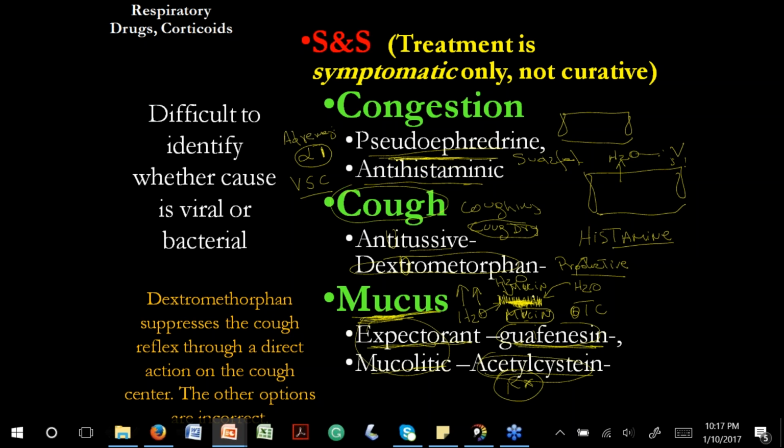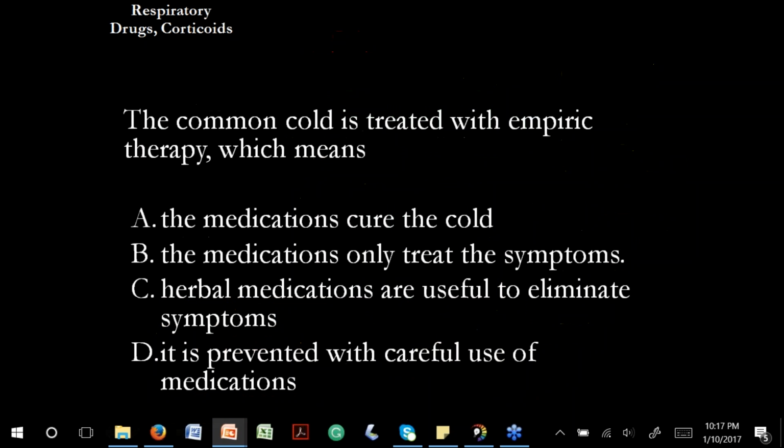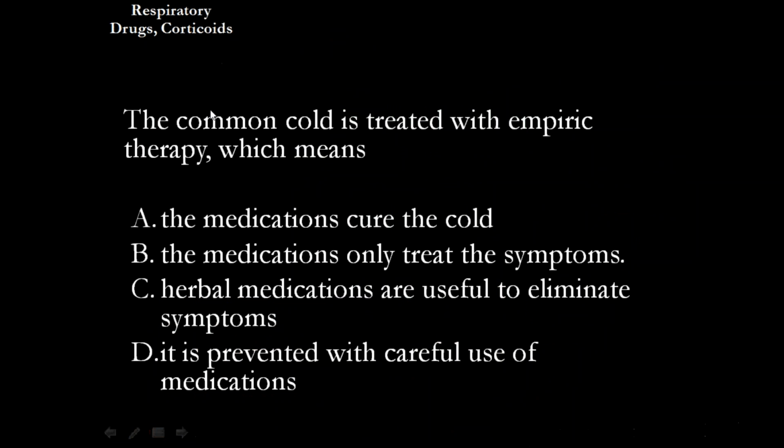Okay. So we have signs and symptoms. For each sign and symptom, we are going to have some medication that is going to be symptomatic, meaning that it is going to control the signs and symptoms, but not cure the problem. Okay. All right. So let's keep going here. There is some question here.